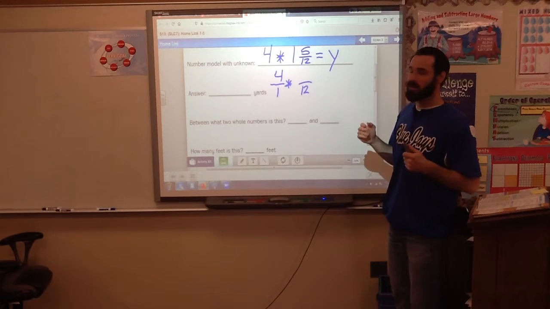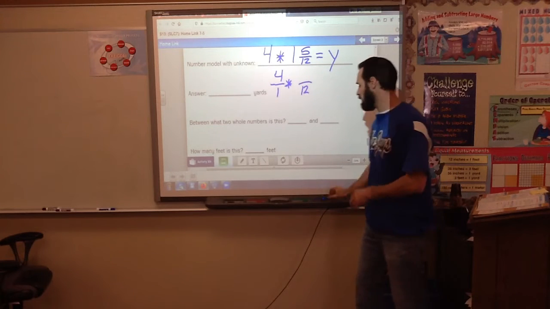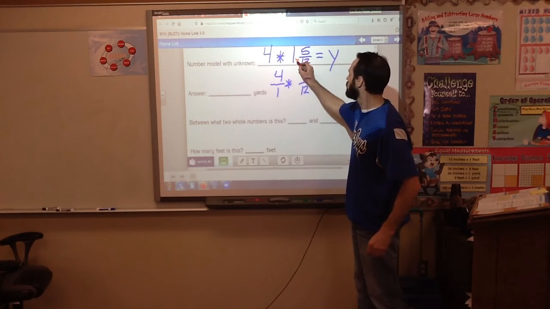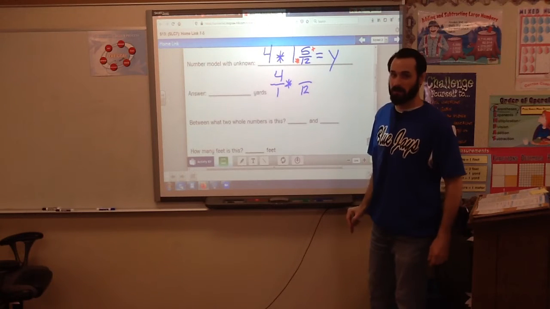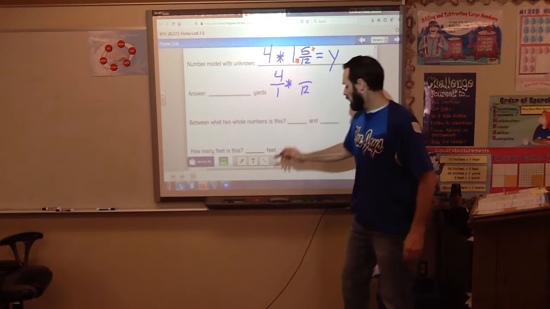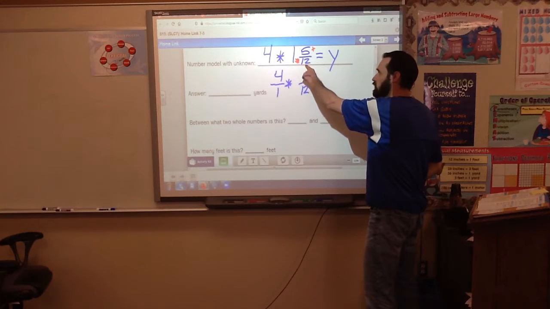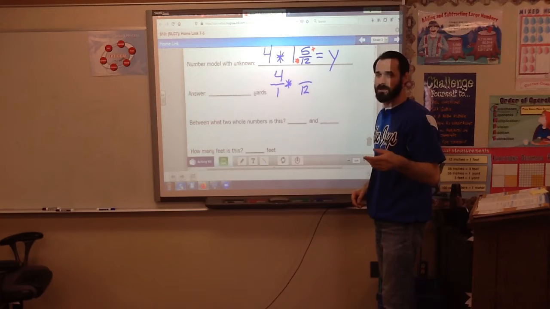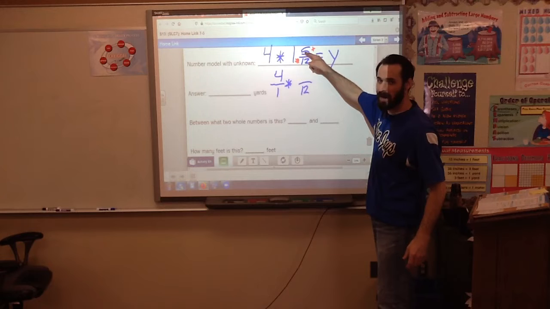So we want to take the whole number and multiply it by the denominator, then add our numerator. So, 1 times 12 is 12. Then add 5.